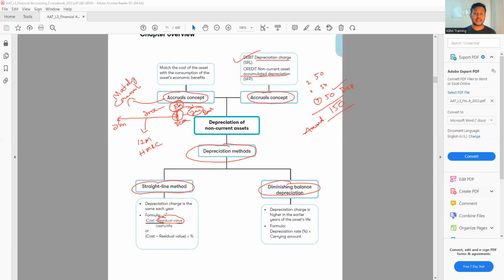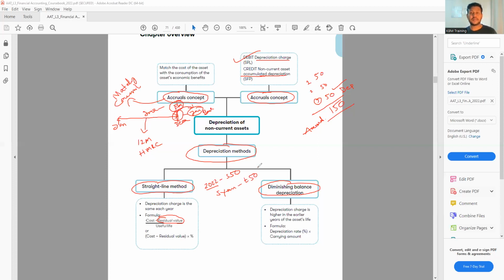For example, as I said before with the computer, let's say we buy a computer in 2022 for £550. And we are saying we can use it for 5 years. And after 5 years, we can sell it for £50.